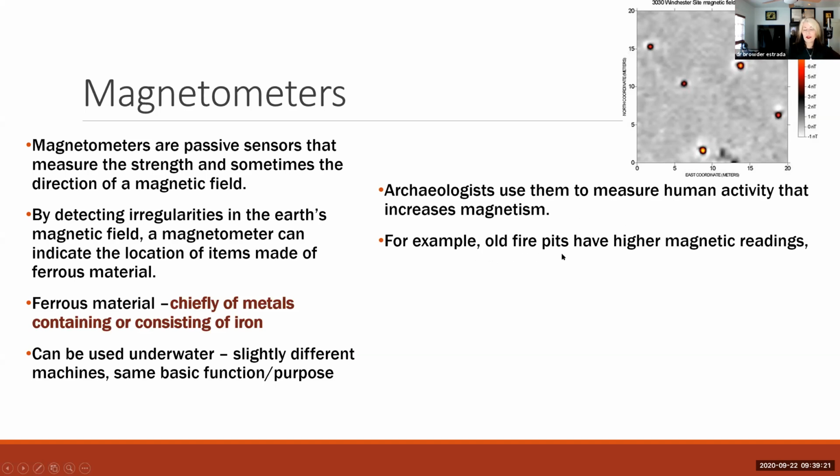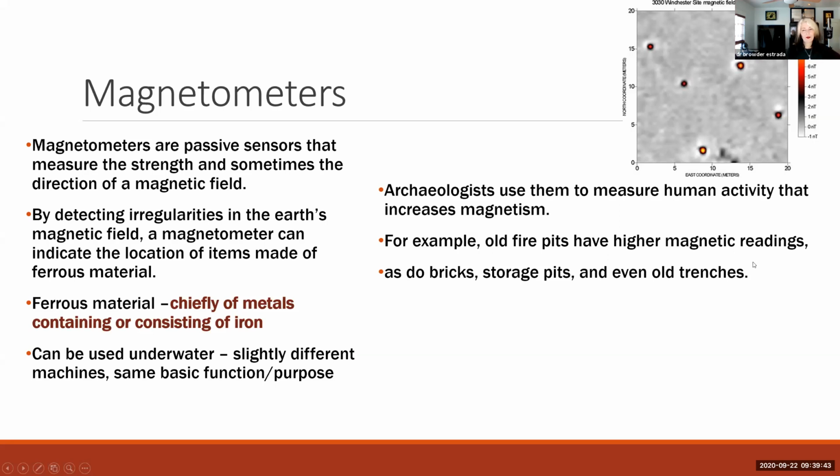So, for instance, if you are heating up soils and that sort of thing, depending on the geology of the region, old fire pits might have higher magnetic readings. Bricks, storage pits, and even sometimes old trenches.